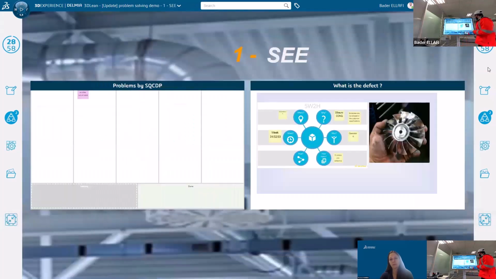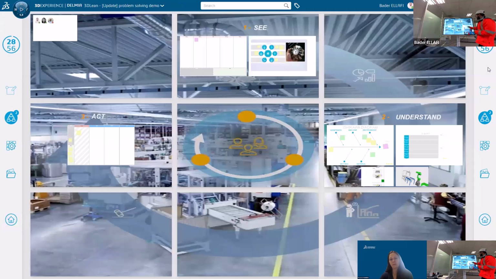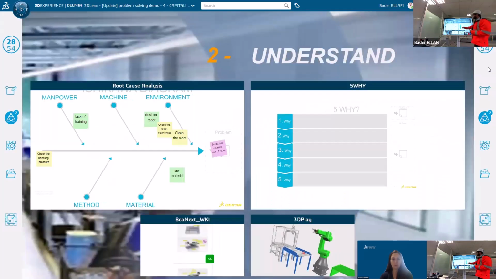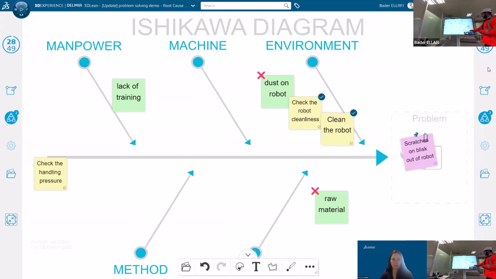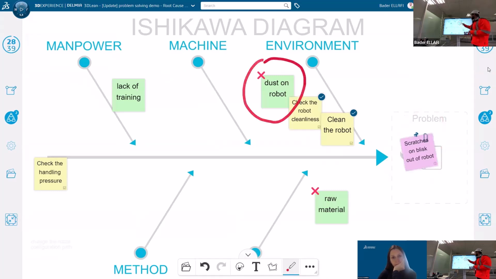So now I propose you to move to the root cause analysis, and with our diagram Ishikawa. We need to investigate our issue, which is the scratches on the Blisk, and we, from the data gathered from the shop floor, again, we think that the dust on the robot, we checked it this morning, and it's very clean, and we don't have dust on this robot.